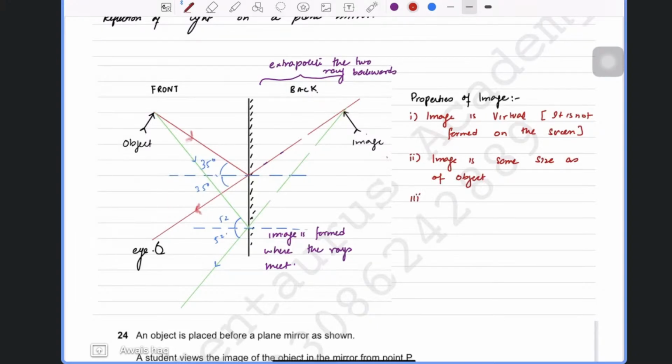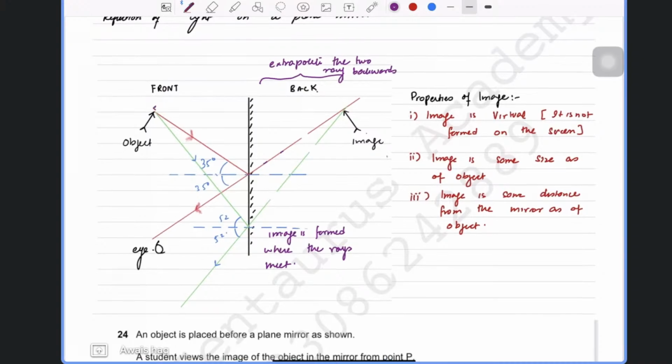Number three, image is same distance from the mirror as of object, which means that if this distance is suppose d, then from the mirror this is also d.